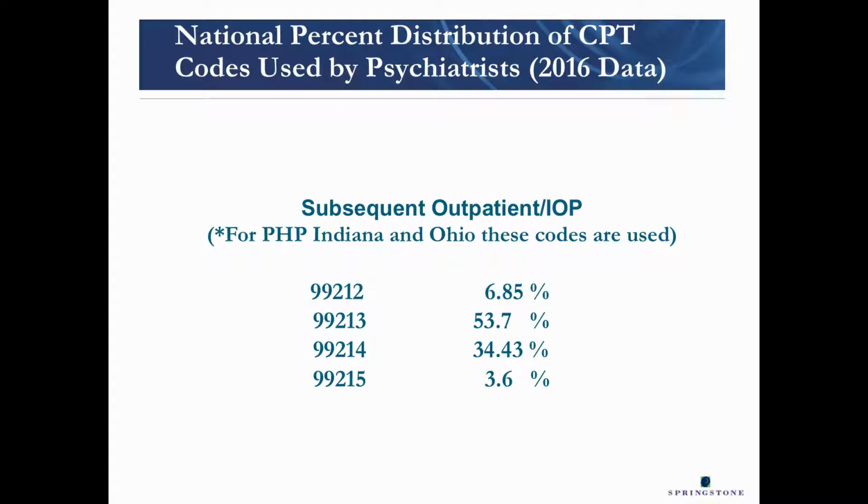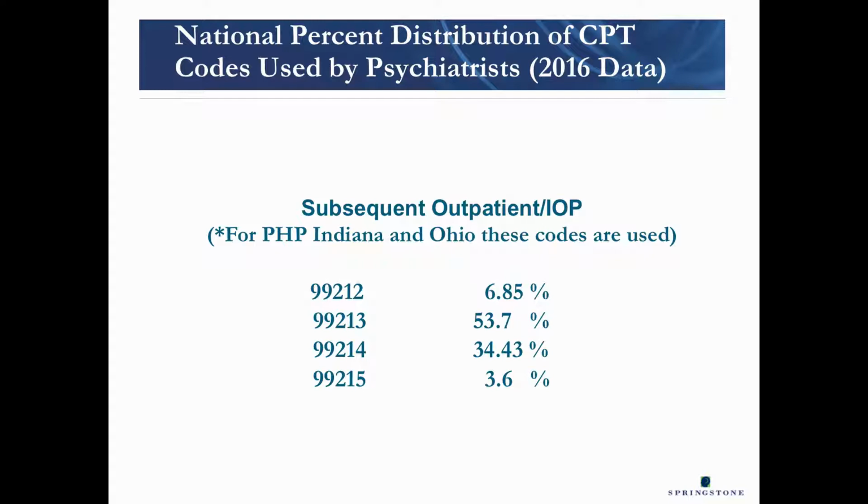In order to meet complexity requirements for the highest level in outpatient, you really need a patient who you're assessing for suicidality, homicidality, severe psychosis, where you're considering inpatient and doing a more comprehensive evaluation of the patient to determine that.